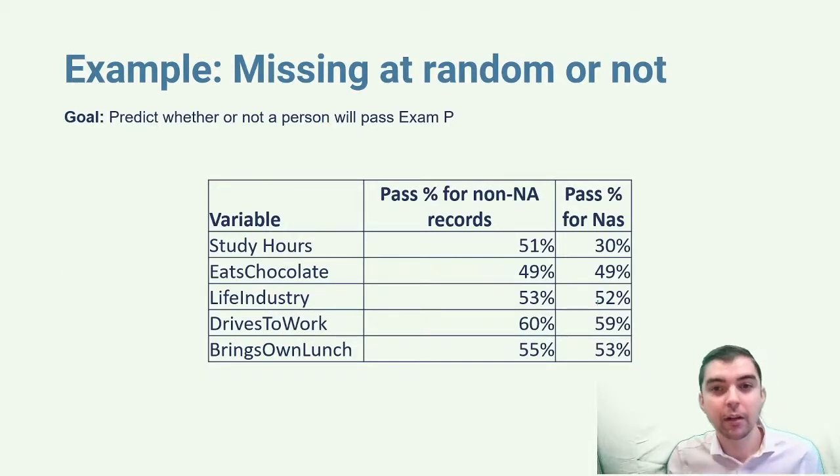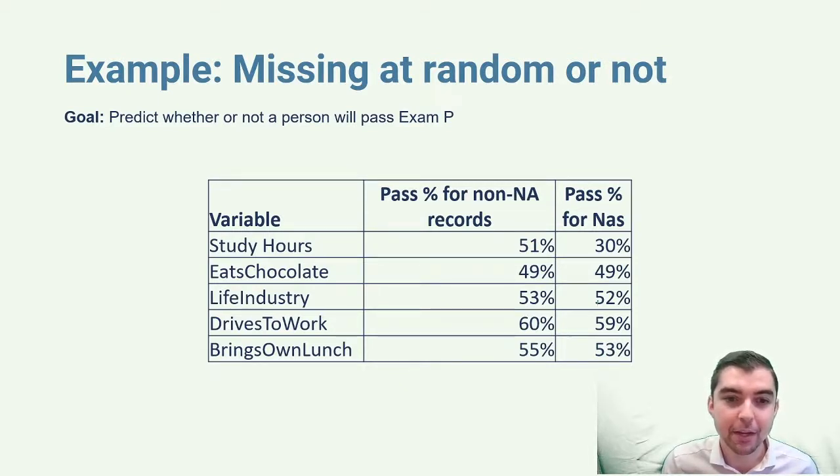An example, let's figure out which of these variables are missing at random and which of them are not. Our goal is to predict whether or not a person will pass exam P. We're looking at the variables: the hours that they study, whether or not they eat chocolate, if they work in the life industry or not, if they drive to work, or if they bring their own lunch.